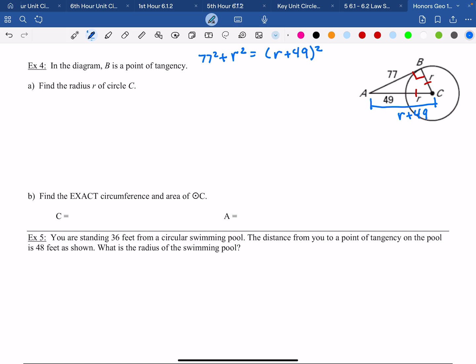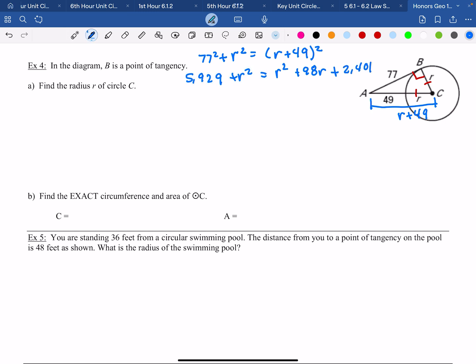All right, so 77 squared in your calculator, you get 5,929 plus your r squared. I'm going to go a little fast here. The binomial squared is r squared, the first number squared, then multiply the two together and double it, and that gives you 98r, and then plus the last squared is 2,401.